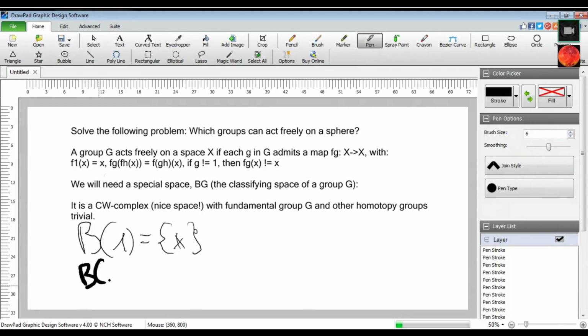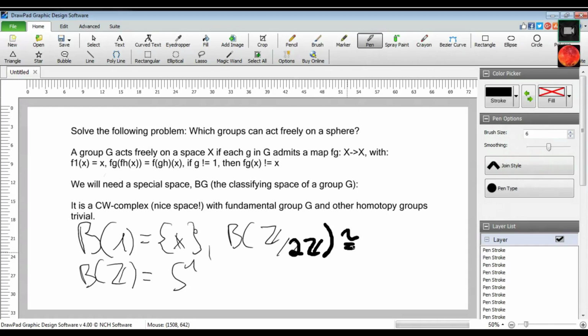And for example, the classifying space of the integers is S1. Or the classifying space of Z mod 2Z is RP infinity. These are just some nice examples.